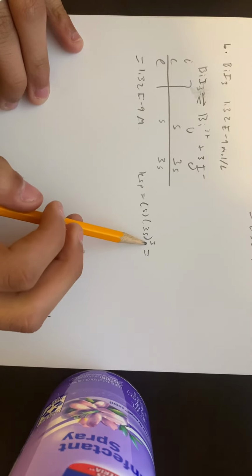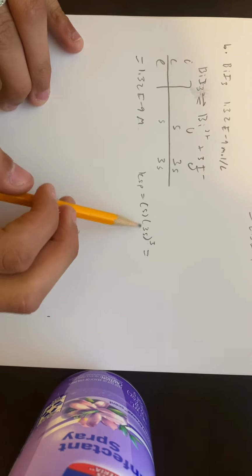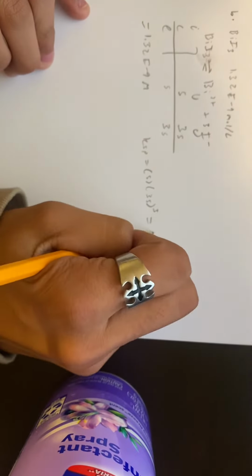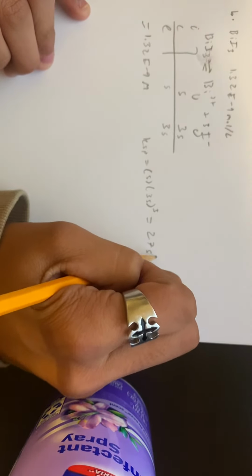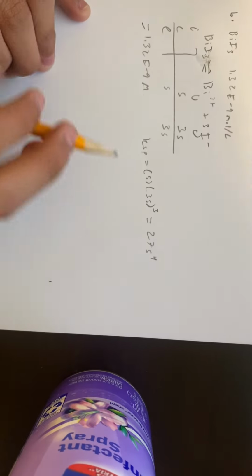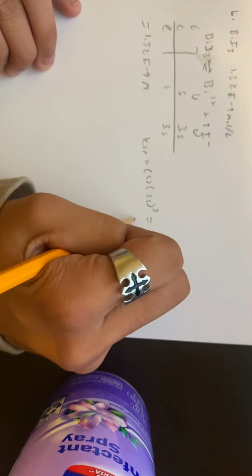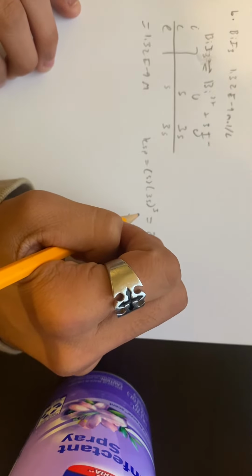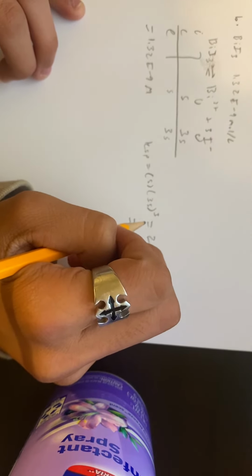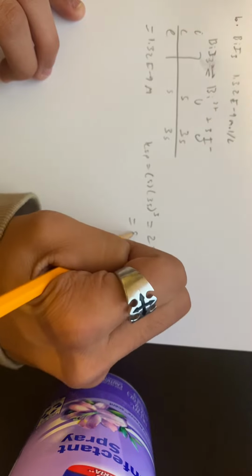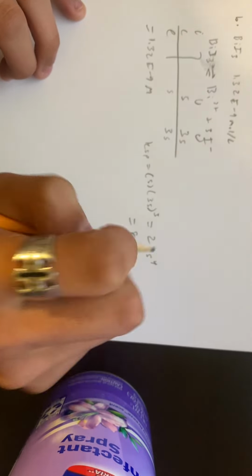Since 3 times 3 times 3 is 27, and then S cubed times that S is going to be 27 S to the power 4. Now we substitute 1.32 E-9 for that S. Ksp will be equal to 8.2 E-9.